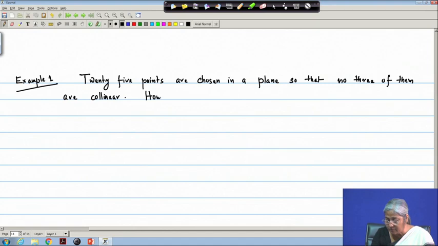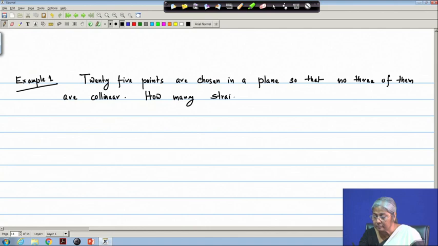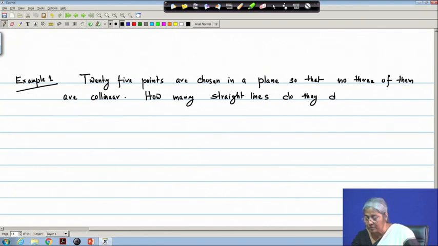Then the counting problem is: how many straight lines do they determine with these 25 points?